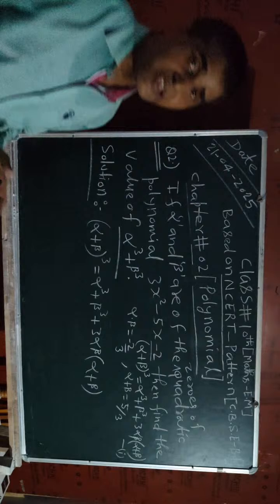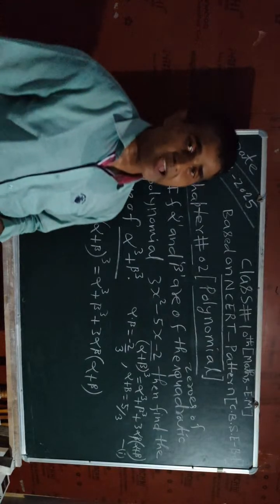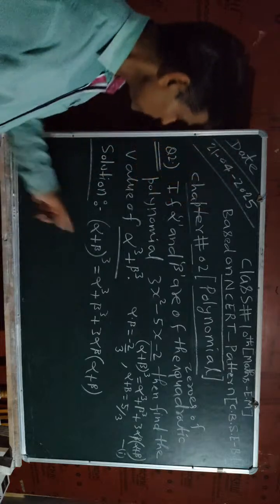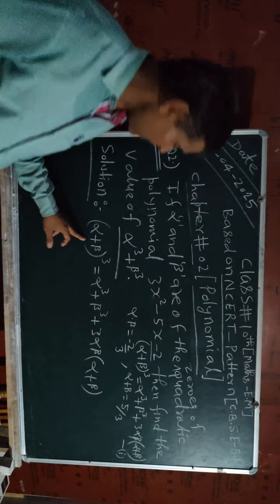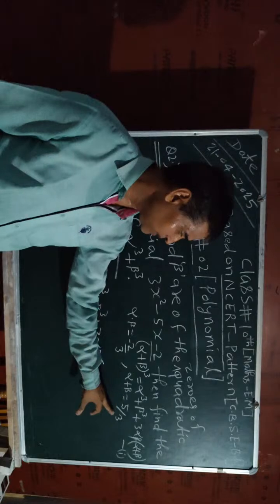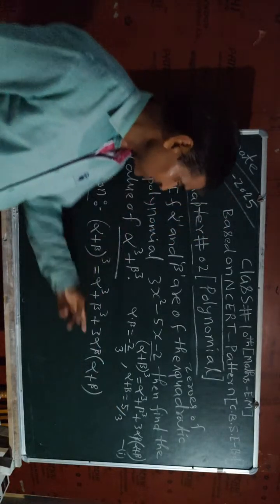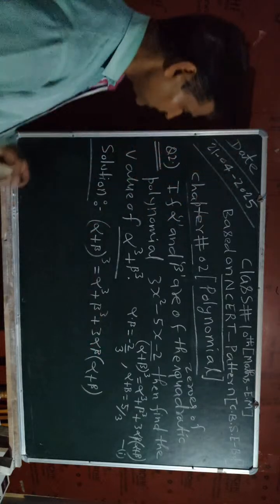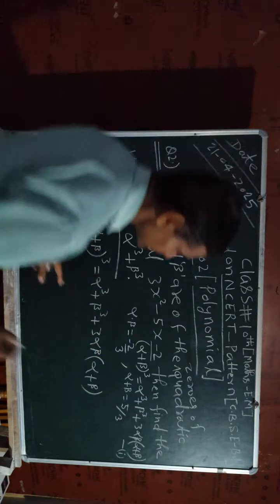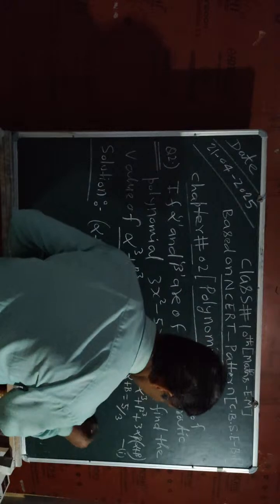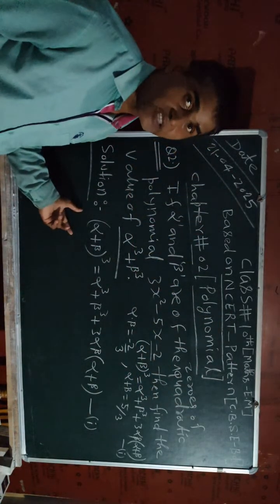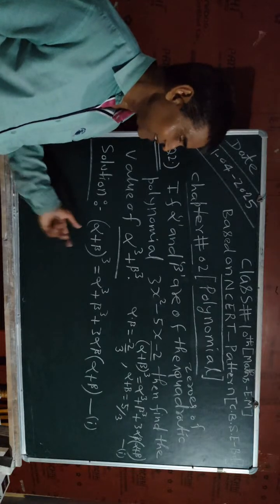If you have any issue, comment and I will see your comment, and positively I will reply. Okay student, in the place of alpha plus beta I will write 5 divided by 3, and in the place of alpha into beta I will write minus 2 divided by 3. And this is identity number 1, it is found in algebra. Okay student, this is the algebra identity.